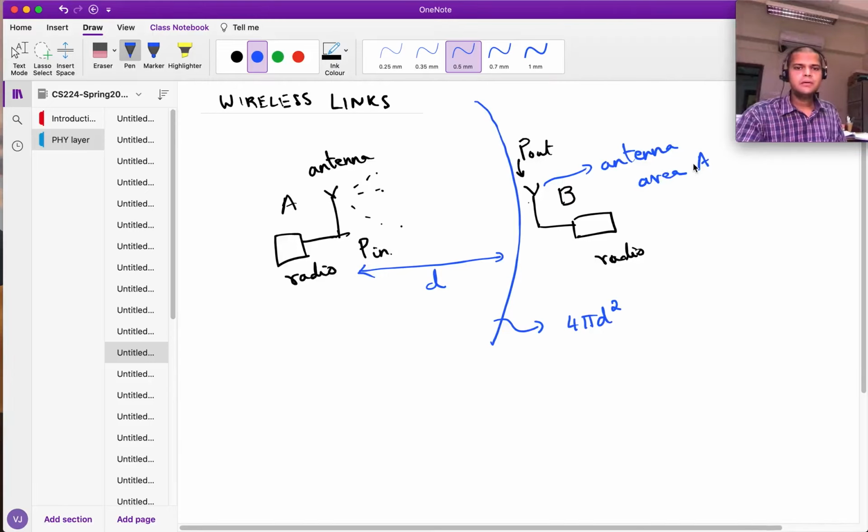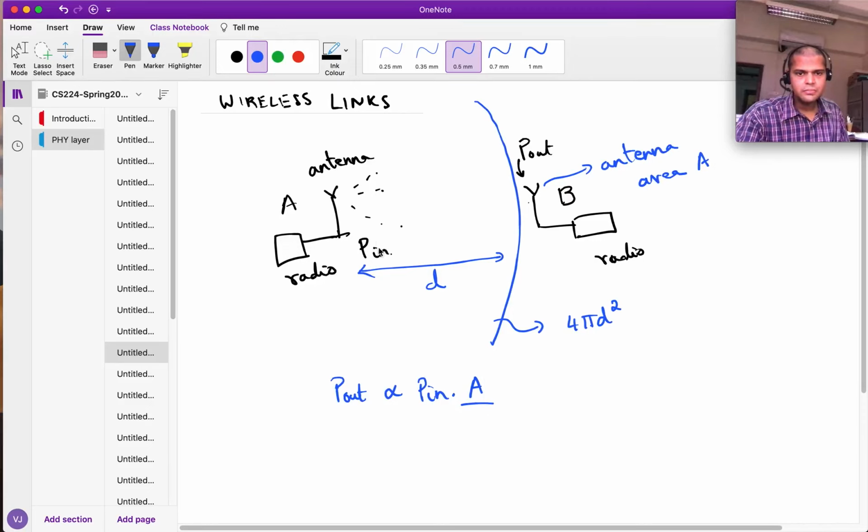So what is the power that I receive over here? This antenna is roughly occupying some space in this sphere, and if the power is uniformly distributed over that sphere, then P out is going to be proportional, of course, to P in and the area. The more the area of the antenna, the better.